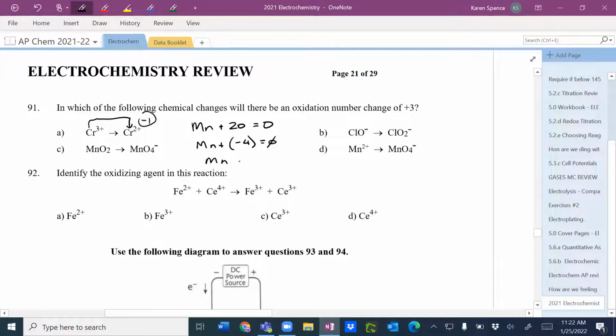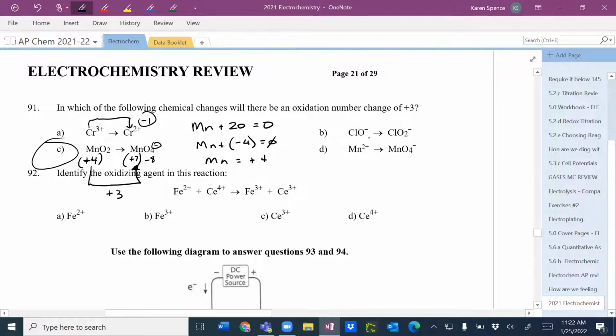And so Mn is equal to +4. I have a tendency to write all these things out because I tend to make stupid mistakes if I try and do it like this. I go like, oh, that's -8 and I've got one negative there, so that's +7. And yes, I did it correctly that time, but sometimes I don't, right? So to be safe, I might write it out unless I'm good at doing them in my head. So that is a change of +3, +4 to +7. So that's going to be our answer there.